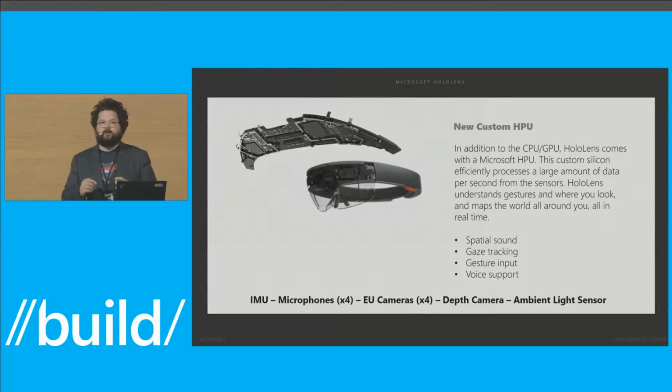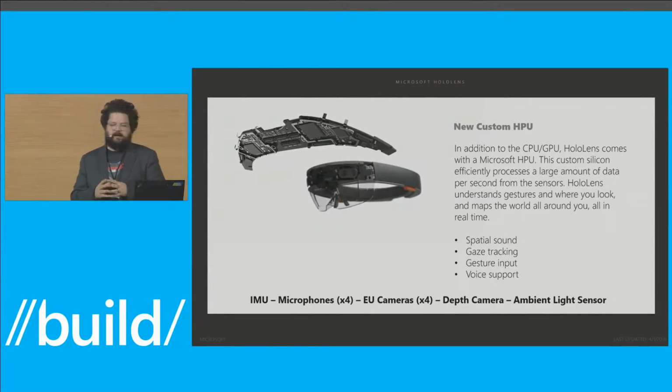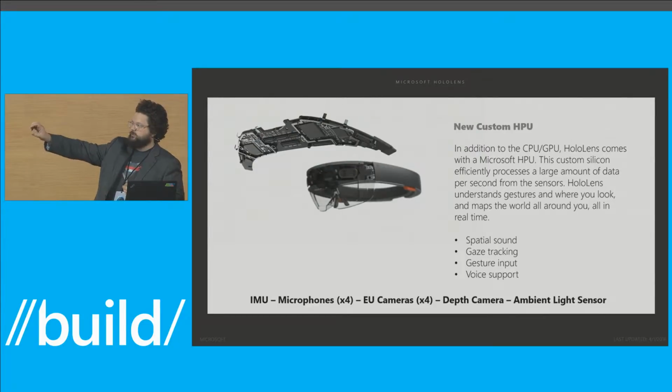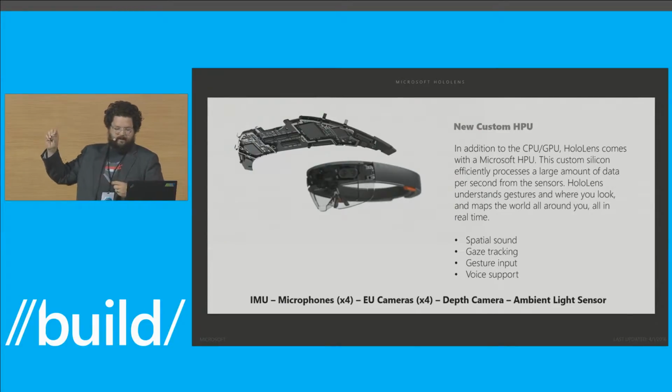Now, if you were to open up the device, you would see that we had to create some custom silicon to achieve these goals. We call this the holographic processing unit. And part of the goal is to fuse all of the sensor data that's coming in and provide it in an easy-to-understand way for developers. Now, all of these fusions come to you as spatial sound, gaze tracking, gesture input, and voice support.